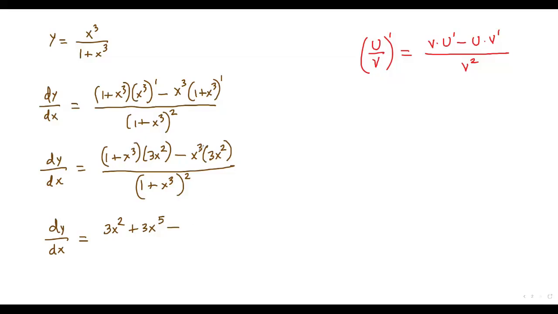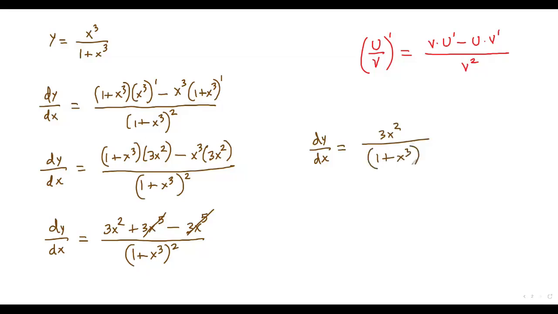Negative, so when I multiply this x cube and 3x square, I'm getting 3 times x to the fifth power over (1 positive x to the third power) the whole square. So this positive 3x to the fifth power and negative 3x to the fifth power will cancel out. Then I'm getting dy over dx equals 3x square over (1 positive x cube) whole square.